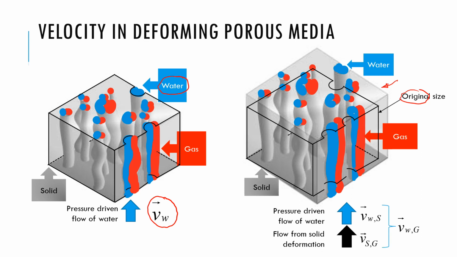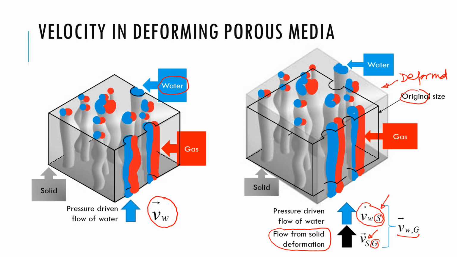So what you see is that velocity that we already talked about. That velocity of water was with respect to the solid S. And then to that we need to add flow due to this deformation of solid. So that's the velocity of the solid with respect to ground. When we combine them, we get this velocity of water with respect to ground, and that's what goes into the transport equations.